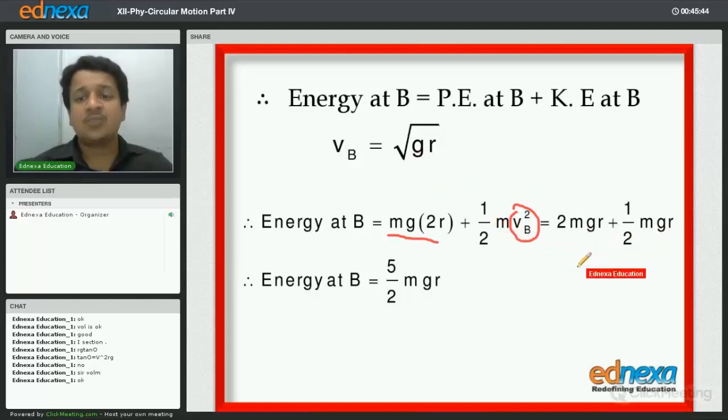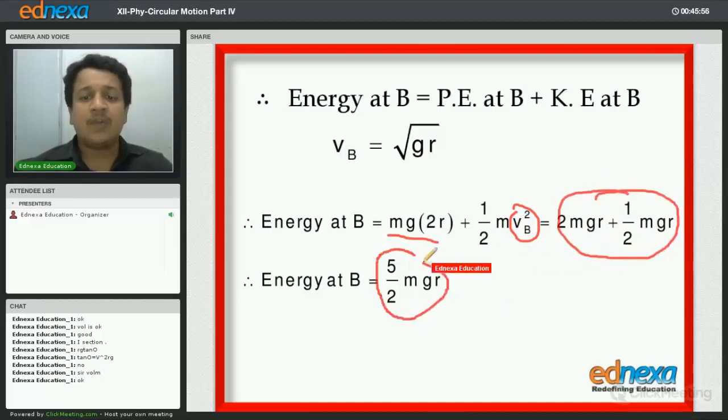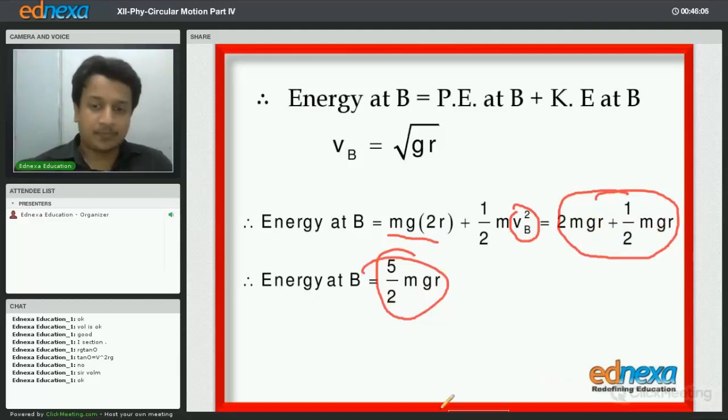So substituting, we can write 2 mgr plus half mgr. Let's find the LCM: 4 mgr by 2 plus half mgr, it is 5 by 2 mgr.